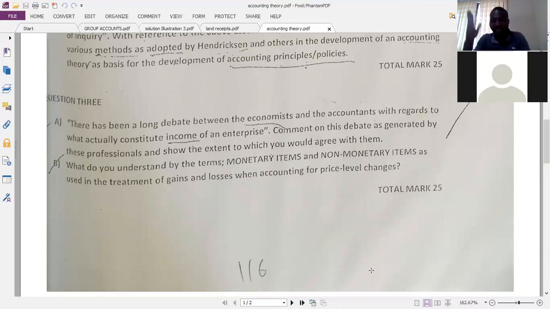So immediately I sell the item to you, or I render the service to you, you are owing me. So income is earned, whether received or not received. Once the transaction has gone through, the income is earned. That is why you have credit sales on your books. That is why you have cash sales on your books, and you merge the two and make it sales.